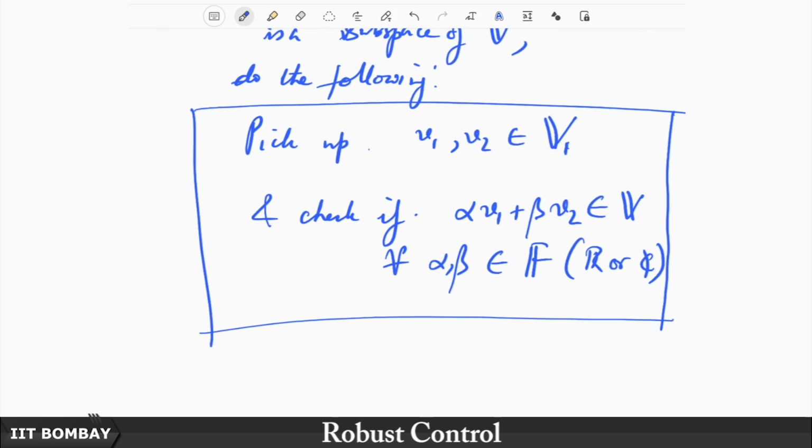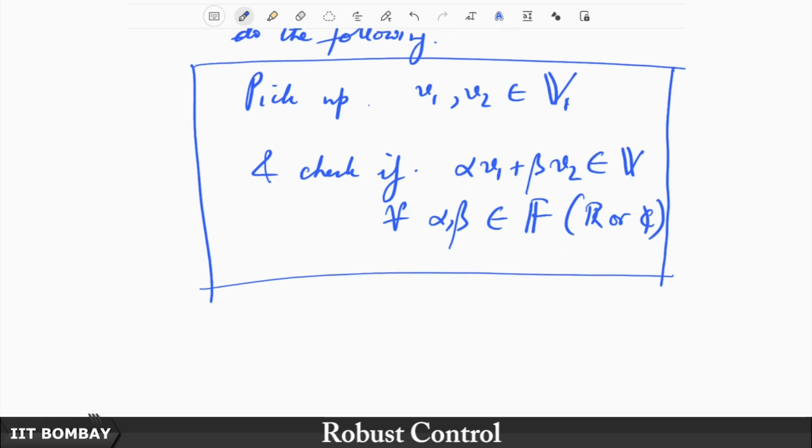That is an effective way of checking whether a subset of a vector space is also a subspace thereof. Anyway, we will not get into this; you can try it as an exercise if you are interested, and these are things generally discussed in standard textbooks on linear algebra as well. These are properties that we use most often and prove to be very handy, so it is good to know.